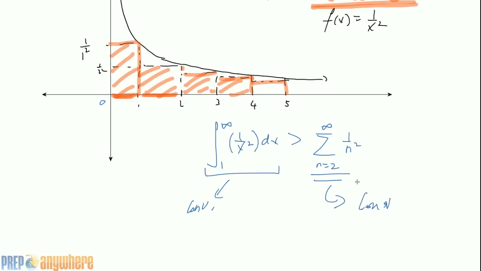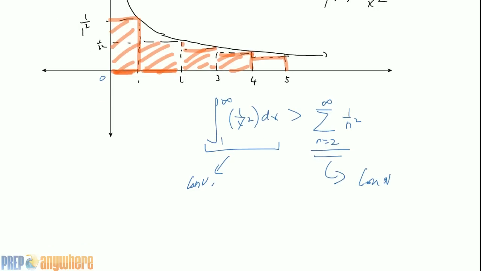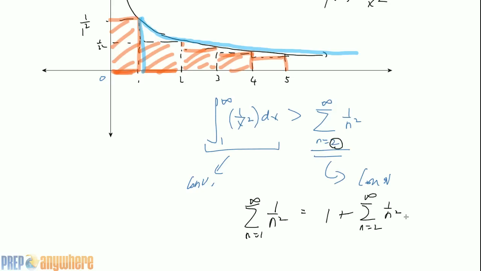So if the area under the curve converges to a particular number, these rectangles will clearly also be converging. That's when I count from 2. How about if I count from n equal to 1? That's equal to just 1 plus the sum from n equals 2 to infinity of 1 over n squared. That's just a constant added, so clearly it's still converging.